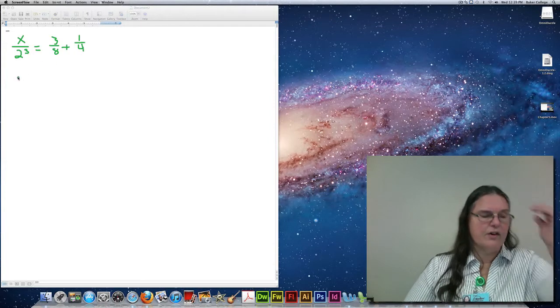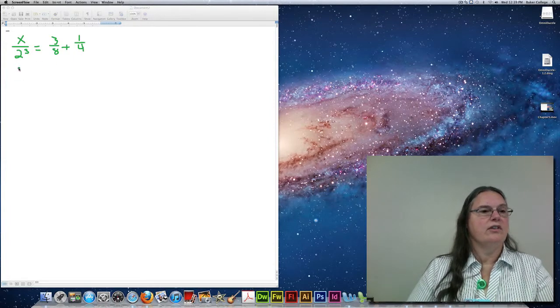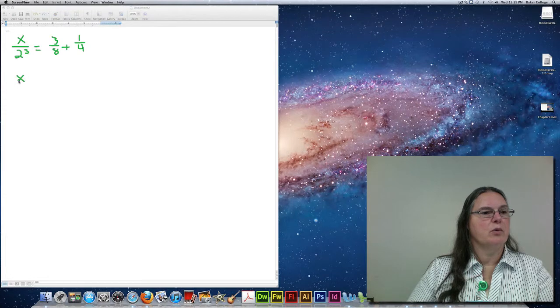The order of operations states that parentheses and exponents come first, so I have to do the exponent first, which is an 8 because 2 times 2 is 4 times 2 is 8. My next step then is to look at 3/8 plus the 1/4, and I have to have a common denominator, so this one needs to be multiplied by factors of 2.